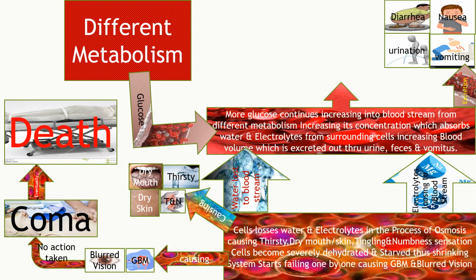The cells lose water and electrolytes in the process of osmosis, causing thirst, dry mouth, dry skin, and a tingling and numbness sensation. The cells become severely dehydrated and starved, thus shrinking, whereby the system starts failing one by one, causing general body malaise and blurred vision.